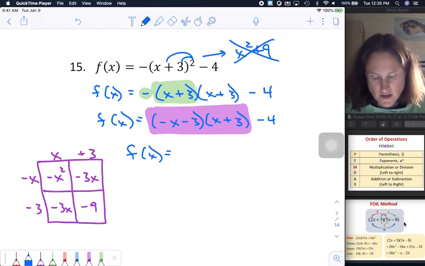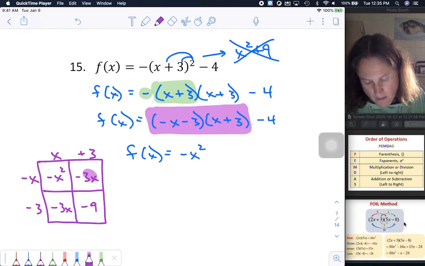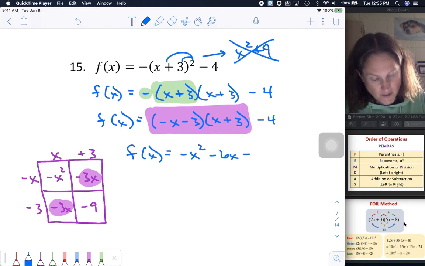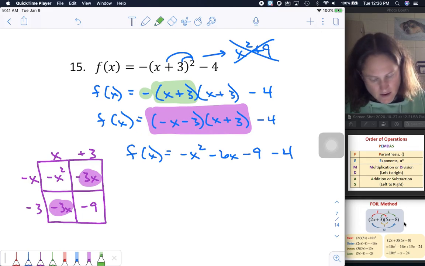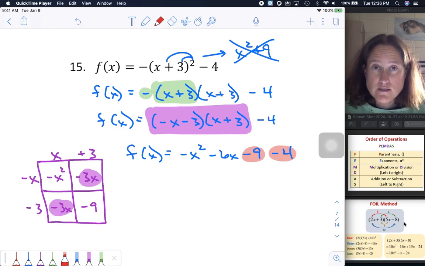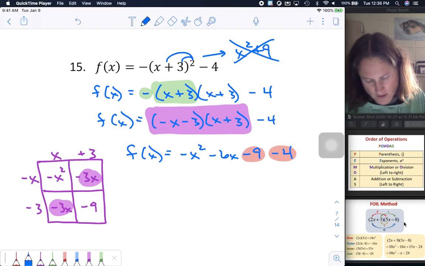So f of x is going to be equal to, I can either at this point add the like terms, the negative 3x and negative 3x as I'm writing it out, or you can write it all out. It doesn't matter. But if I do that, that's going to be negative x squared minus 6x minus 9, but then I still have that minus 4 that was at the end outside of the parentheses. I still have two constants that are like terms, so I can add those together.